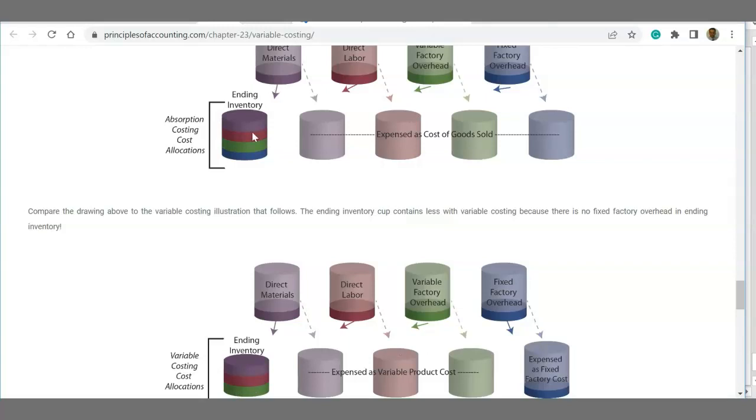So one more time, under variable costing, if you produce more and you sell less, the income is less and the balance sheet is less. And as you see here in the balance sheet, your ending inventory is less than absorption costing. Simple as that, okay?